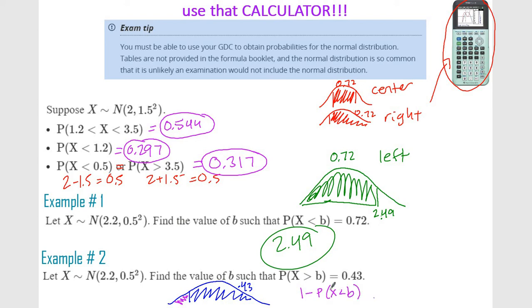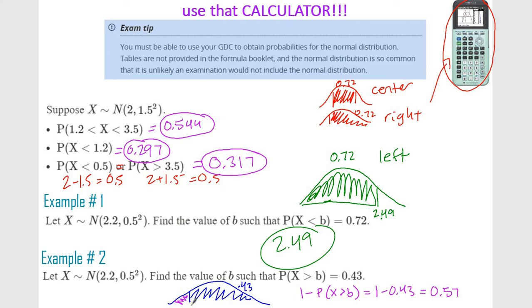Sorry, that should be greater than b. Okay, so that is just 1 minus 0.43. So we get 0.57. Okay, so we want the probability on that side.